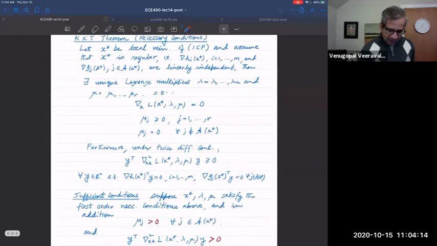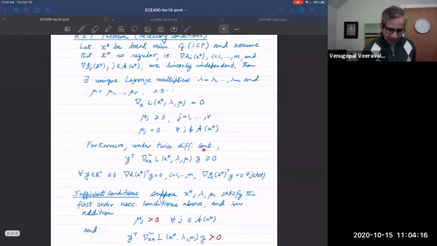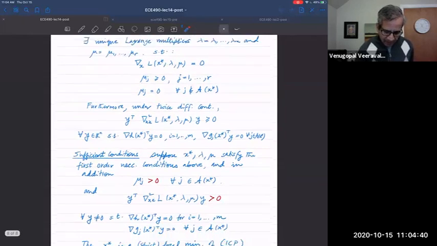And if you look at second order conditions with twice continuously differentiable functions, you get a positive semi-definiteness condition on the set of y's for which you have these orthogonality conditions, similar to the Lagrange multiplier theorem we proved for equality constraints before.